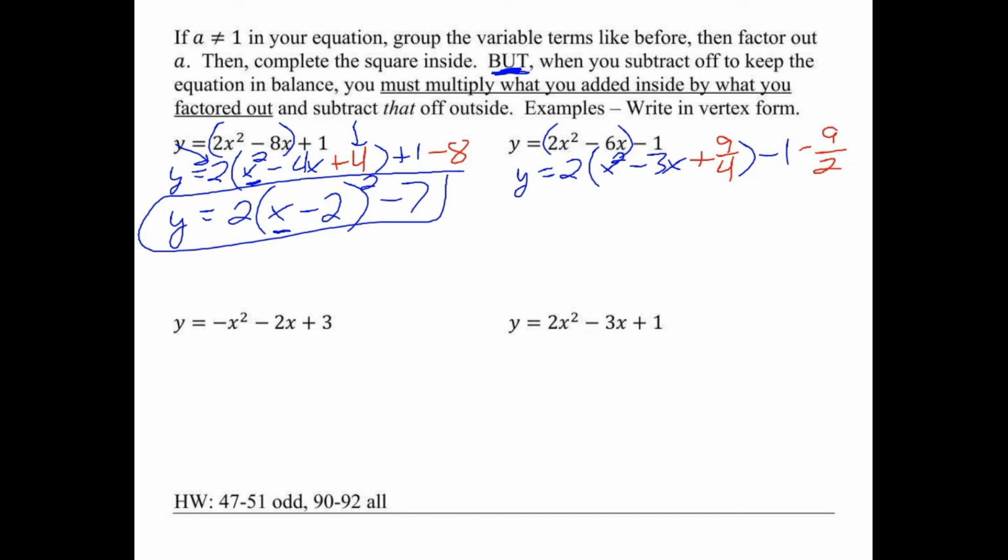What is it? Three halves. It's half of b. Don't forget the square.